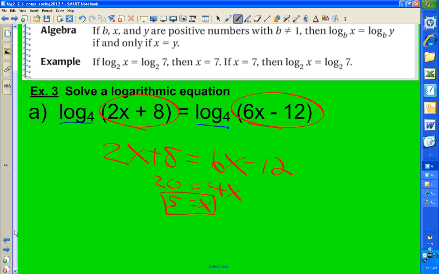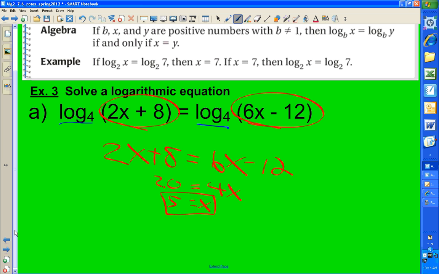What would you get? 20. And then what would you do? Well, don't you have to get the x's on the same side? Wouldn't that be a better thing to do first? Which one would you get rid of, 2x or 6x? Which one's smaller?